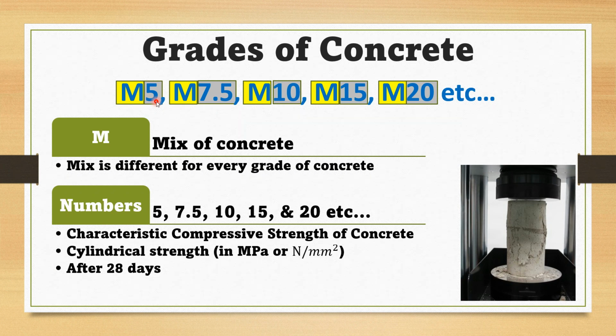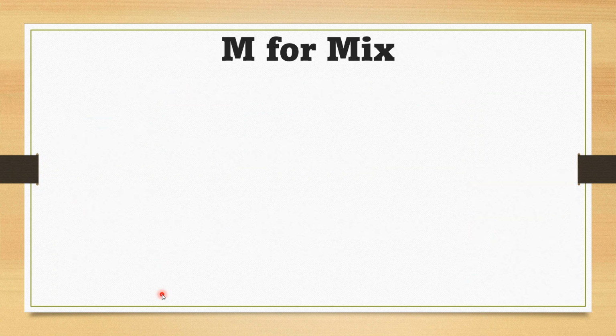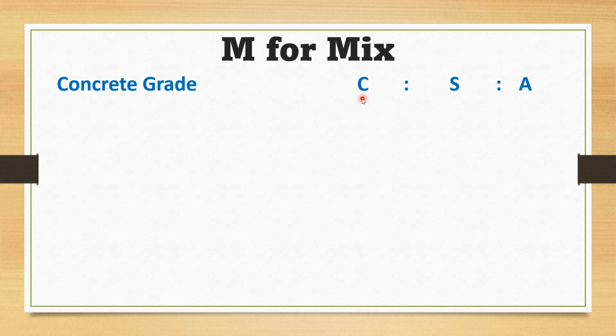If you are clear about these concepts, then we can move forward to the mix ratios of various grades of concrete. If we have a specific grade of concrete, then we will have specific ratios. This C stands for cement, this S stands for sand or fine aggregates, and this A stands for coarse aggregate.